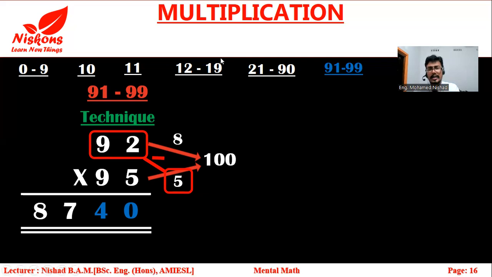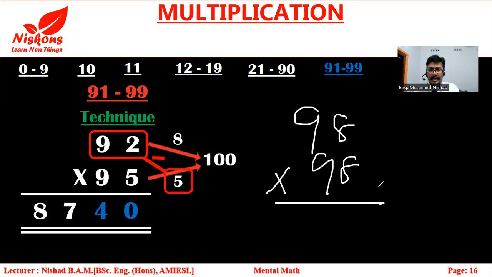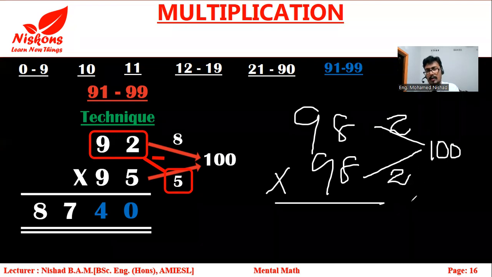Okay, now if you are going to multiply 98 times 98, here we have to obtain the difference from 100, as these are near to 100. So 98 and 100, the difference will be 2. And here, 98 and 100, the difference will be 2.